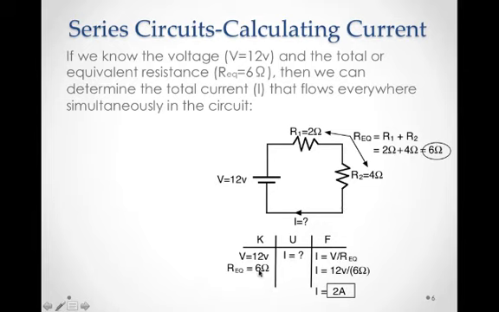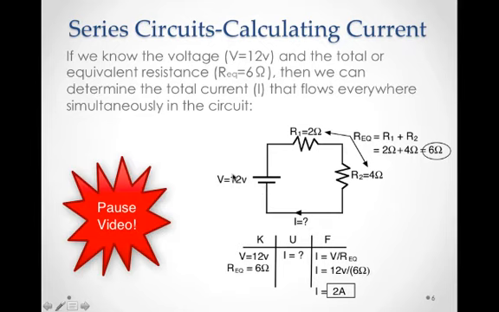So if we have V and R, we can use this form of Ohm's law: I equals V over R equivalent. The total voltage over the total resistance is going to give us the total current. And so we get 12 volts divided by 6 ohms is 2 amperes. And that's how you can calculate current in a series circuit. You add up the resistors and then divide the voltage by that equivalent resistance.